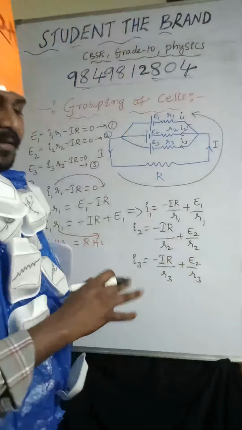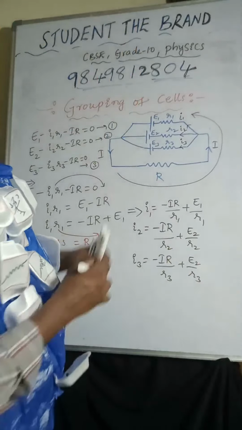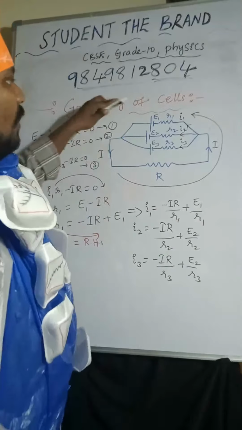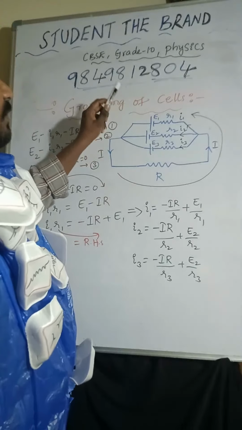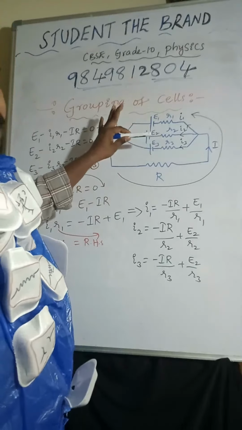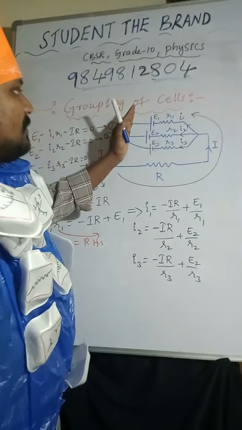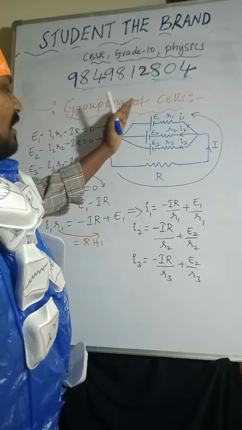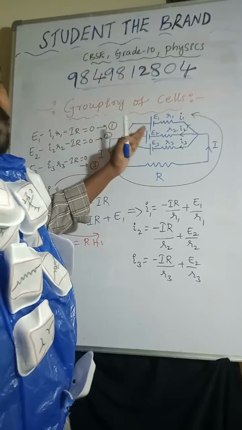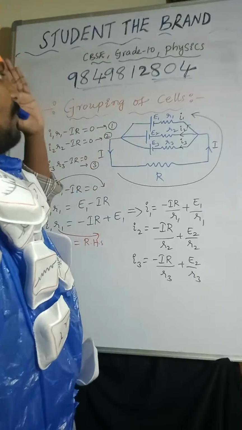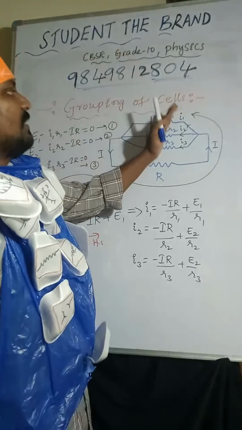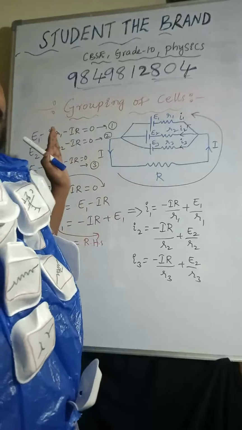Simple, very easy. Once again I will explain, so listen carefully. We have different EMFs and different resistances. The positive terminals of the cells are connected to one point and the negative terminals of the cells are connected to another point.